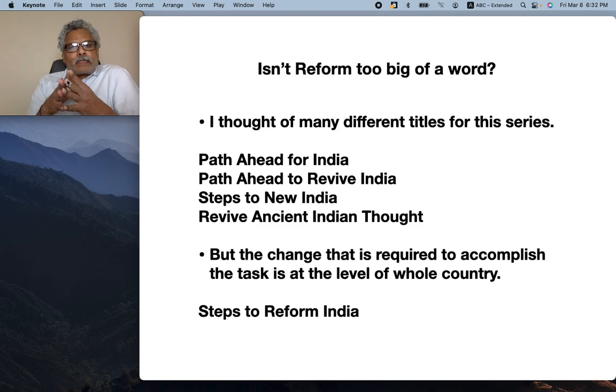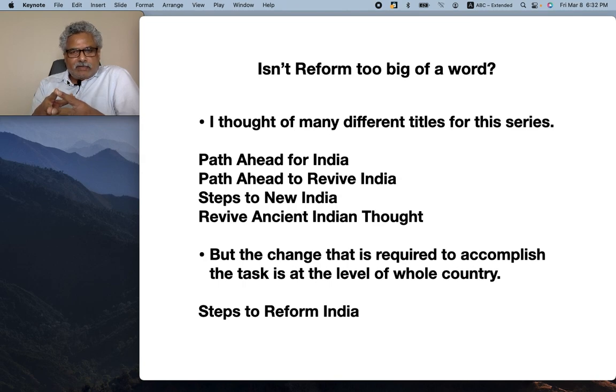I'm calling this series Steps to Reform India, but somebody might ask, isn't reform too big of a word?